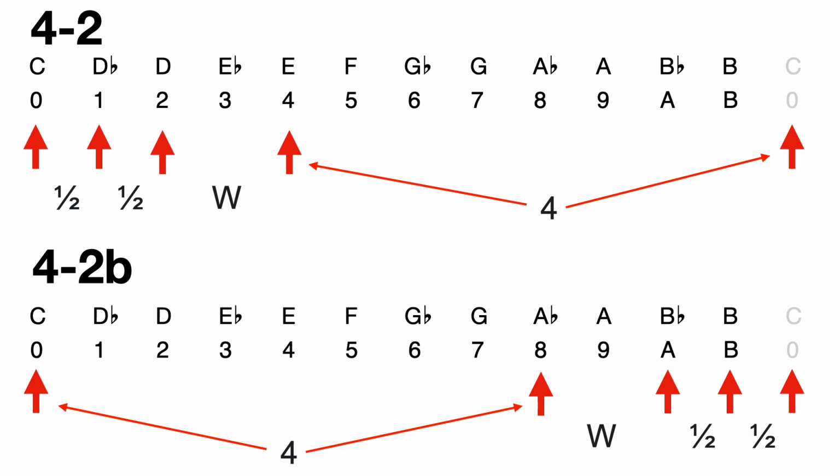Another way to look at this, it's negative reflection. So whereas 4-2 starts by going up a half step, if you look at this interval structure backwards, in other words, you start from the 4, and instead of going down, you go up. So you can see how both of these are mirror reflections of each other.